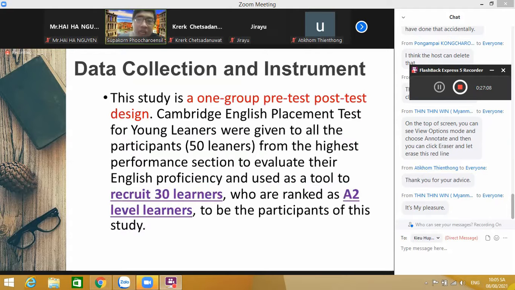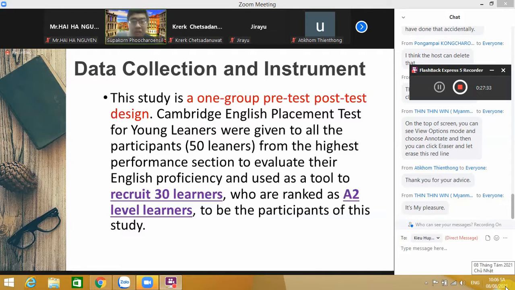She used the Cambridge English Placement Test. I think this one is free of charge. It's downloadable online. So you can use some tests like this. It depends. If you are working for your university, you may have your own in-house tests that are equated with standardized tests. You can use any kind of standardized test to place the students.